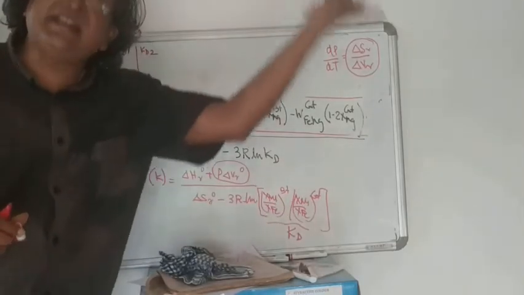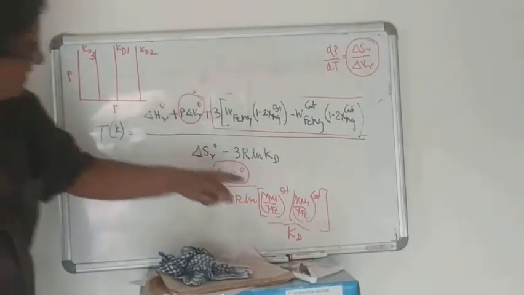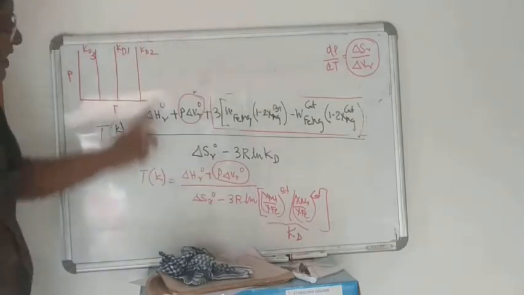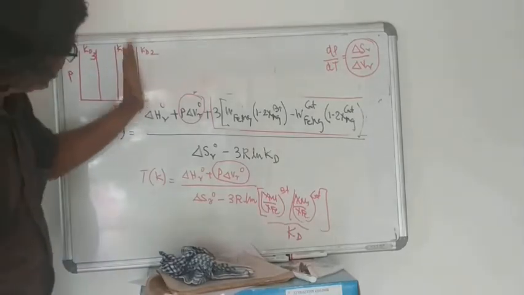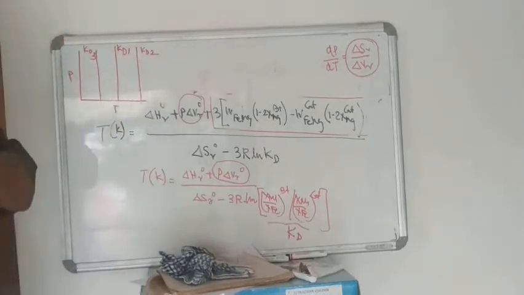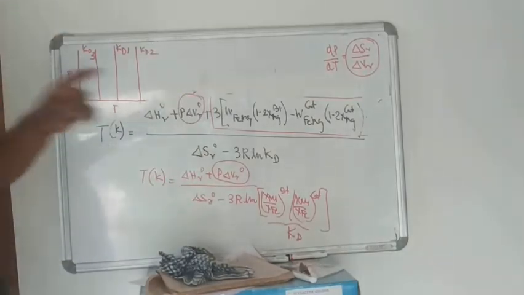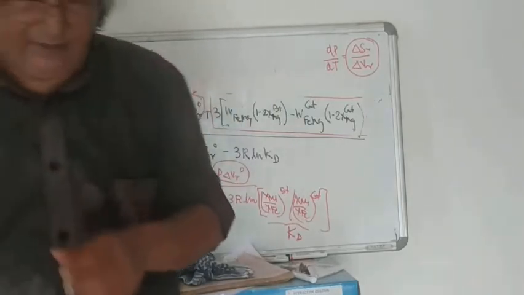Or looking at it another way, depending upon the temperature, KD will have a unique value. So every line would be characterized by a particular KD value. And this reaction line will have a very steep Clausius-Clapeyron slope, because delta VR has only a very, very small value.